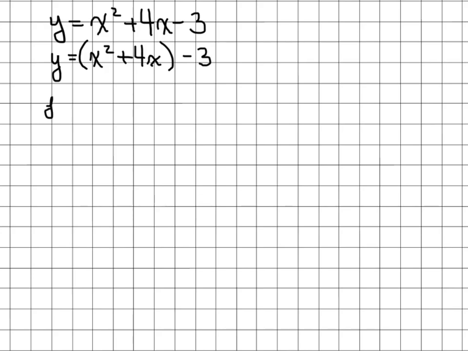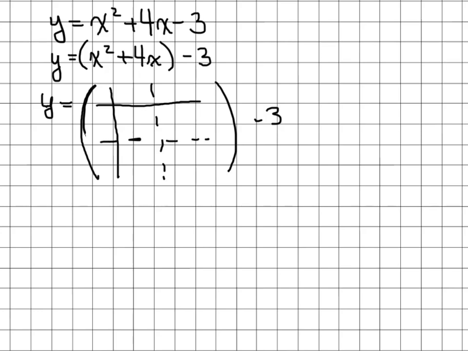Alrighty, so now we're going to make our chart. There we go. And again, we have our -3. So as with our chart, we know that the x squared term is going to go here, and the x's have to go here and here.